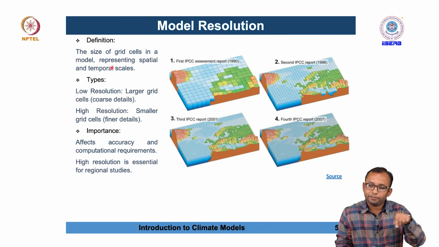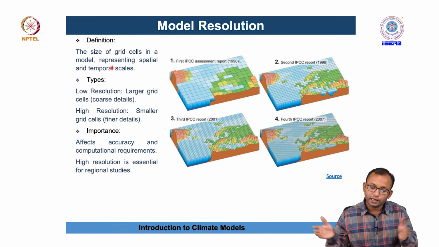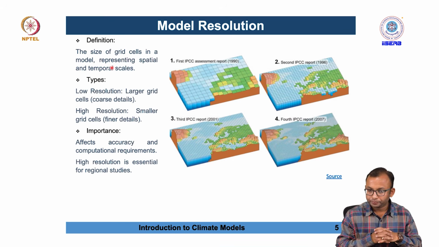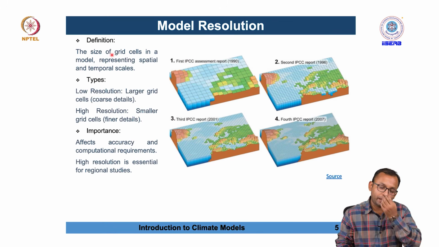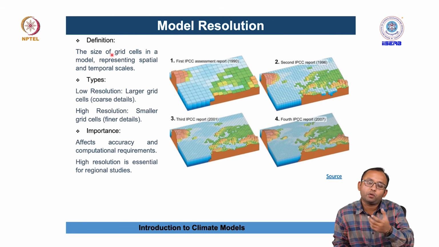It is generally represented as a square cell with equal width and equal length. It could be at the kilometer scale or tens of kilometers scale, or maybe the meter scale or sub-meter scale as well. It depends upon the area where you are applying it. If you are applying it at global scale, of course your resolution will not be very fine. It will be a coarser resolution climate system.